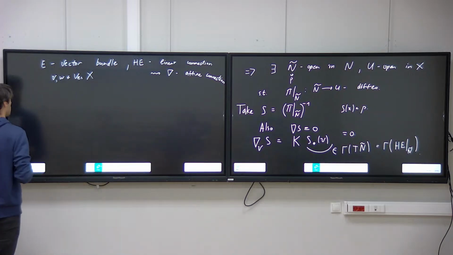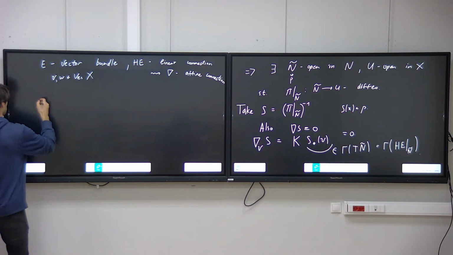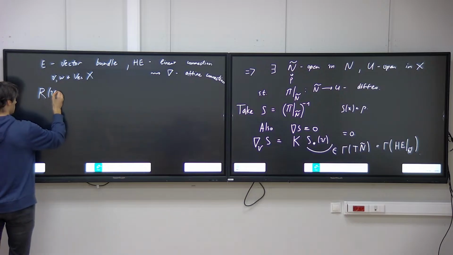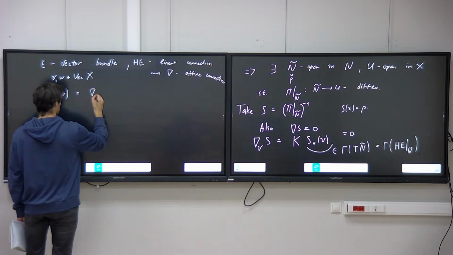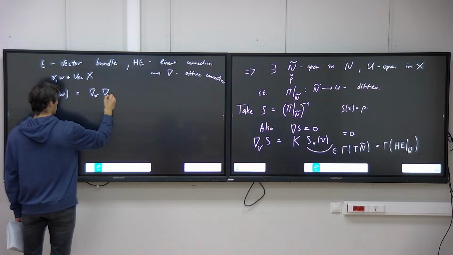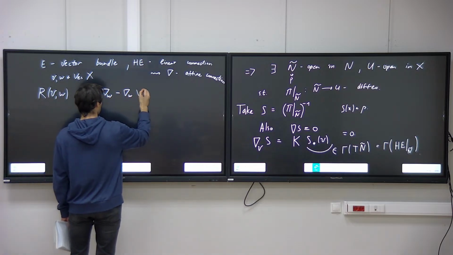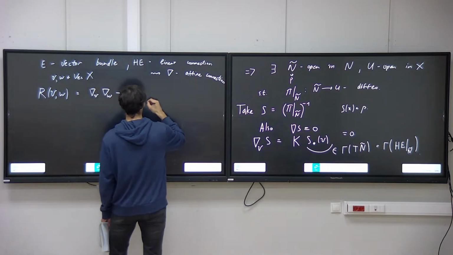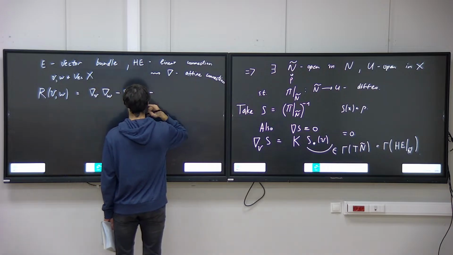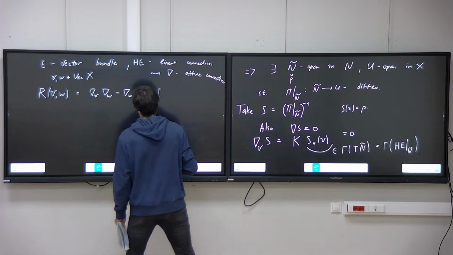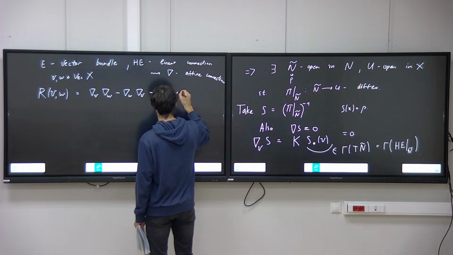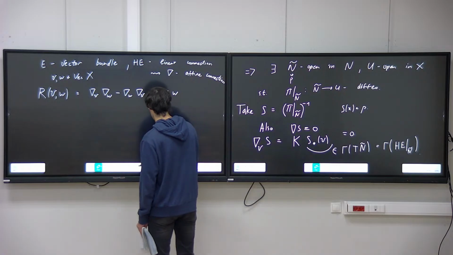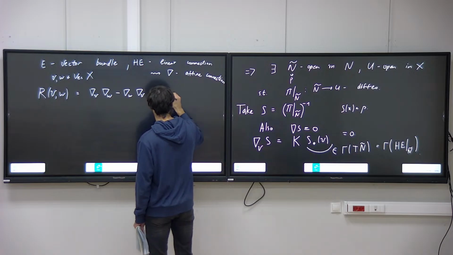And suppose that for every V, W, let me just introduce this notation. So R of V, W is just nabla V, nabla W minus nabla W, nabla V, minus the commutator, number of commutators.